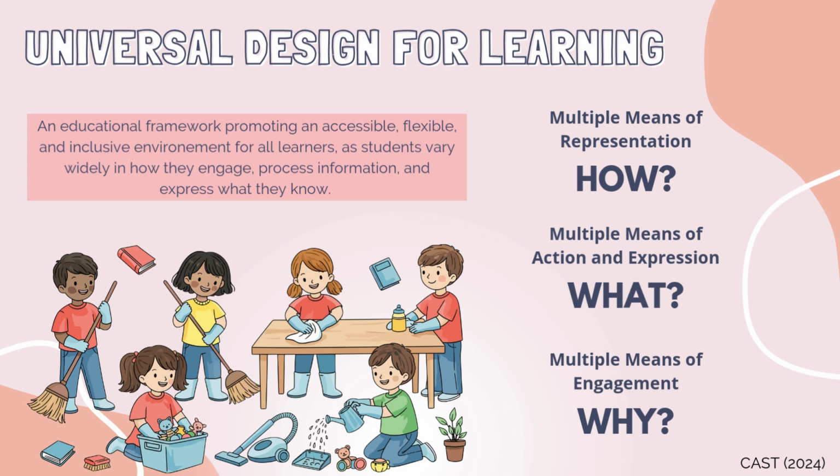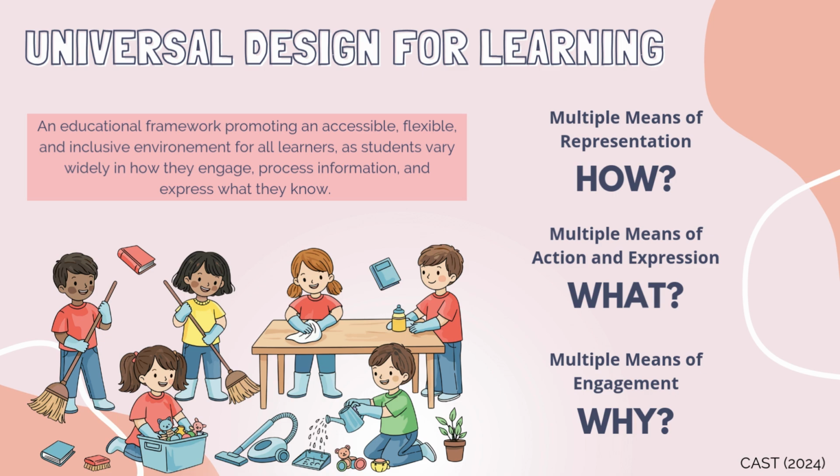This can be accomplished by encouraging and accepting multiple means of representation, action and expression, and engagement. So the means of representation is the how of learning. By providing multiple ways for the child to access information, they're more likely to understand it. Multiple means of action and expression is the what of learning.